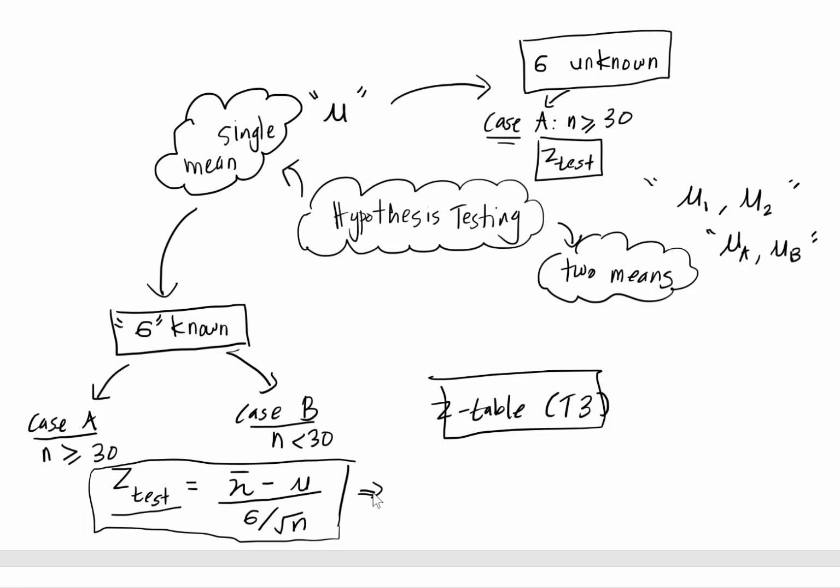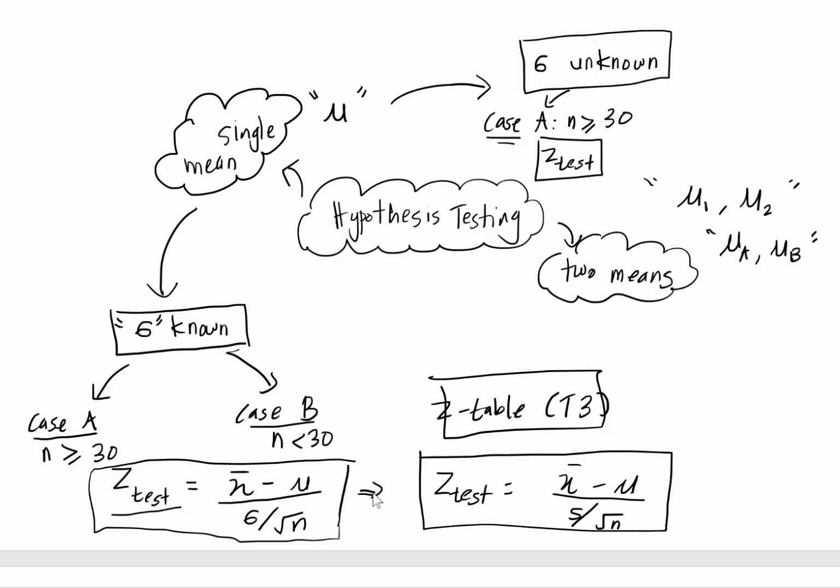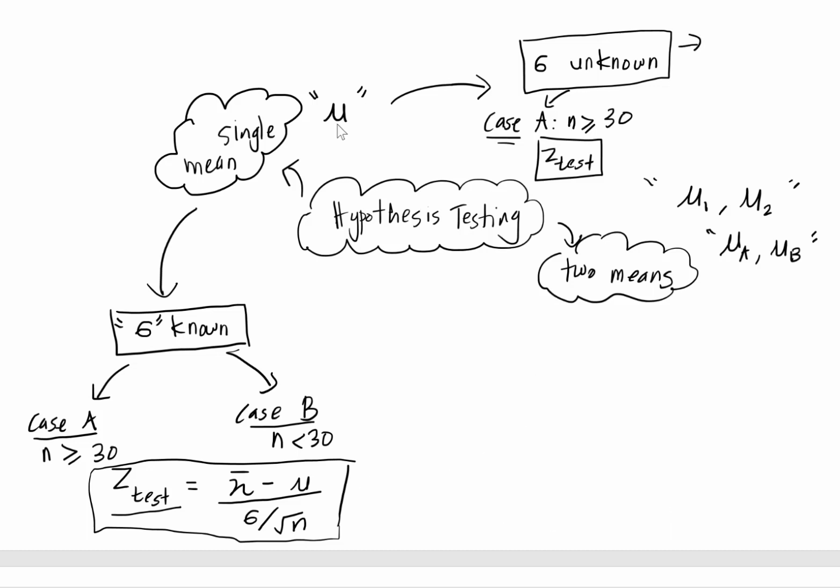That means we use the same formula, but we use the standard deviation of the sample over the square root of the number of samples.